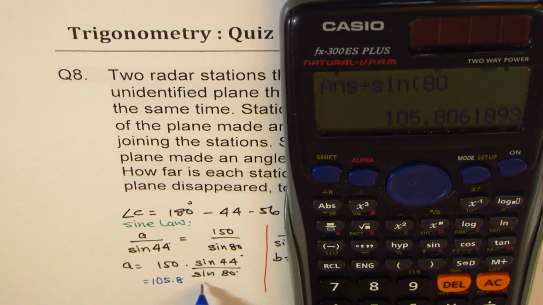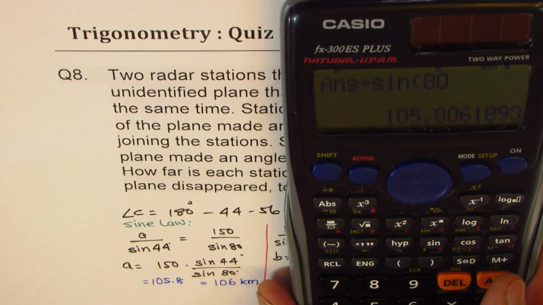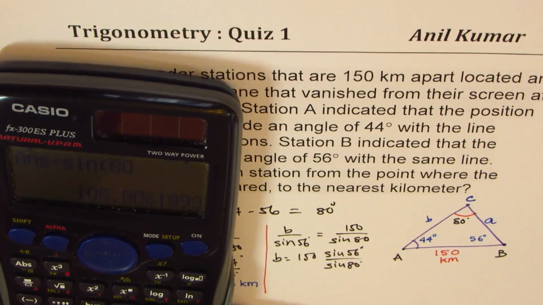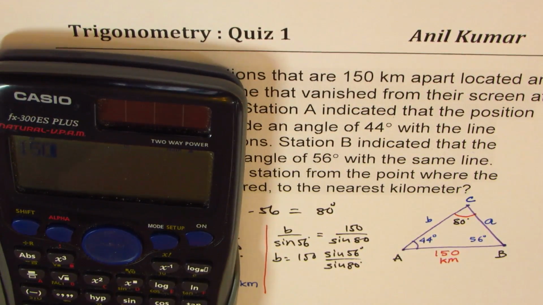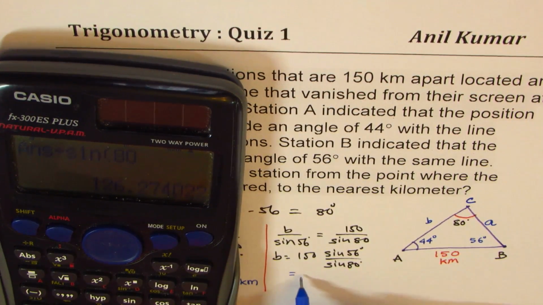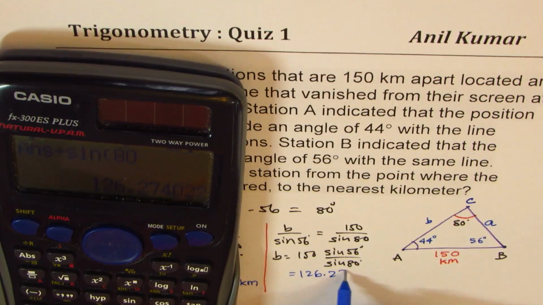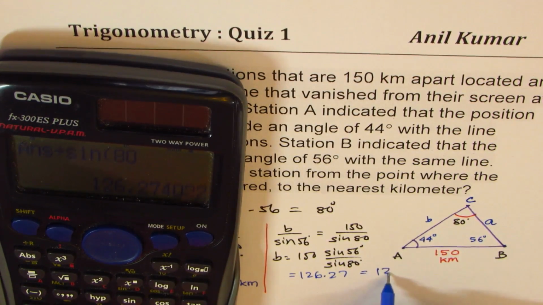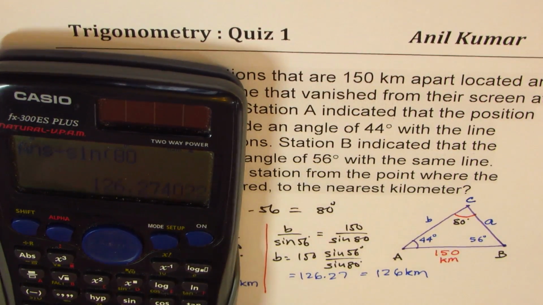So rounding gives us 106 kilometers. The other one here will be 150 times sine of 56 divided by sine of 80, which is equal to 126.27. Rounding will give us 126 kilometers.